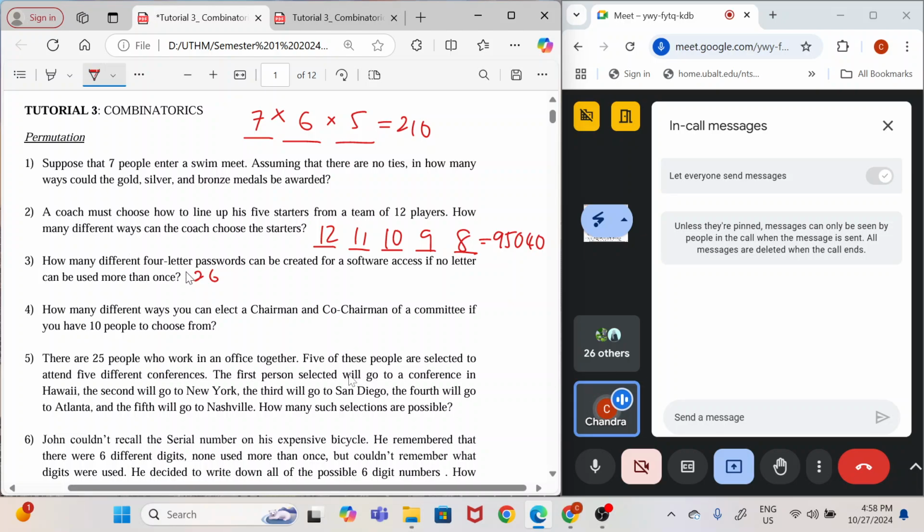We want 4-letter passwords. So first letter any one of the 26, one is chosen here, so 25, 24, 23. 358800.